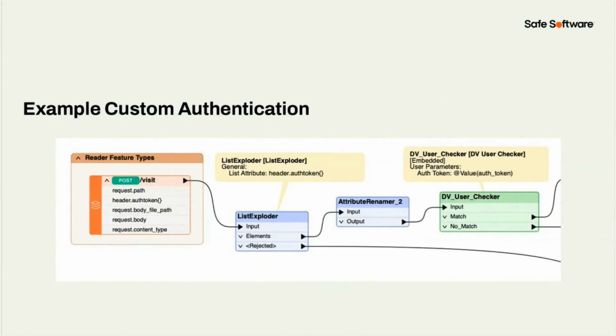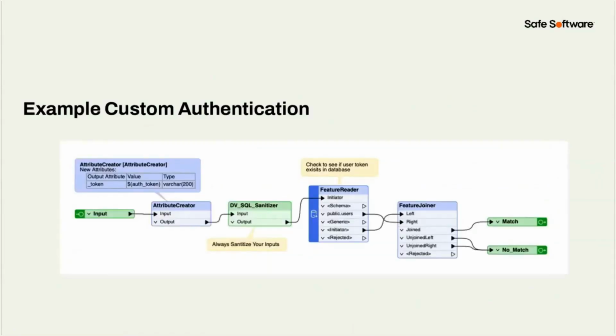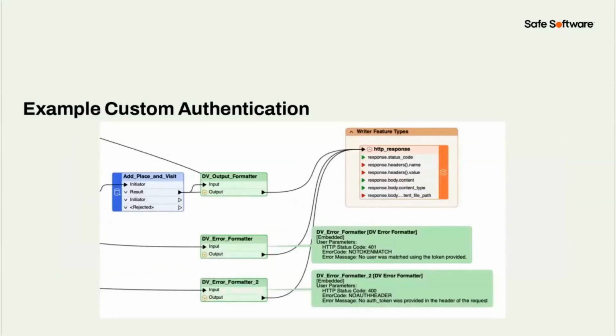In this workflow, you're basically taking the token that's part of the header, and in my case, I have created a custom transformer that goes and checks my database to ensure that the user is known and is a valid user. All I'm doing is taking the token that is passed through and checking my database to see, does that token exist? If so, great, it returns a match and allows the rest of the data flow to continue with all the other pieces, building the JSON and returning the output.